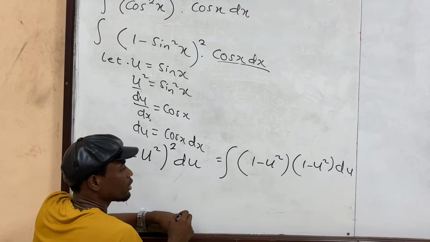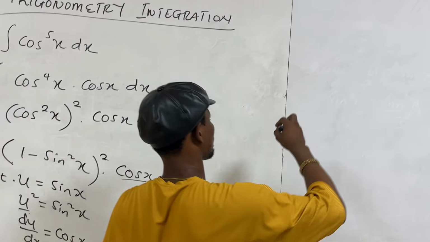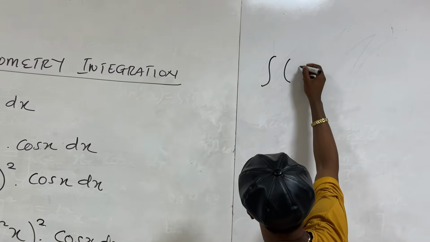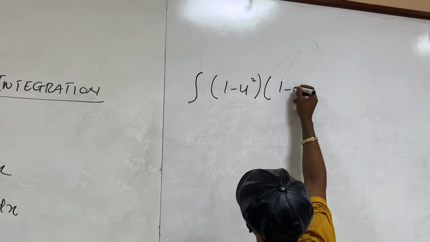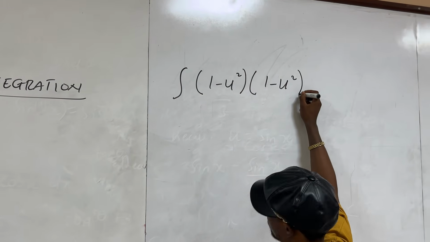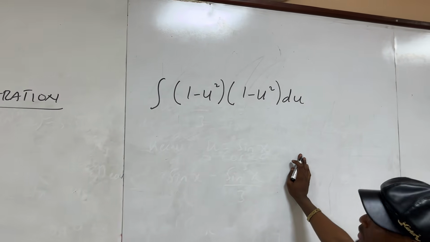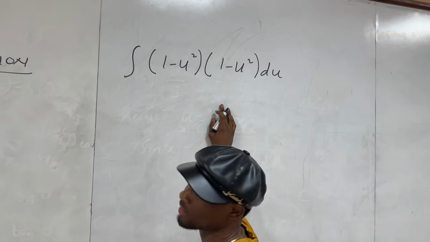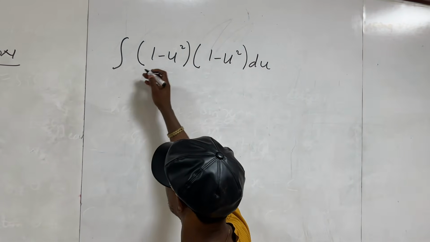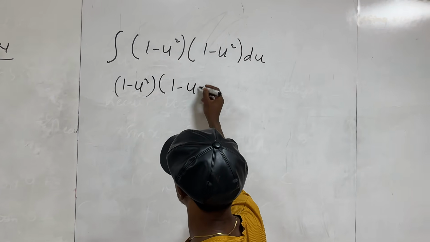So let's see how we can expand this, viewers. We had 1 minus u squared, then times 1 minus u squared, then du. This is very, very simple. So let me tackle the integrand. I have 1 minus u squared, then I have 1 minus u squared.